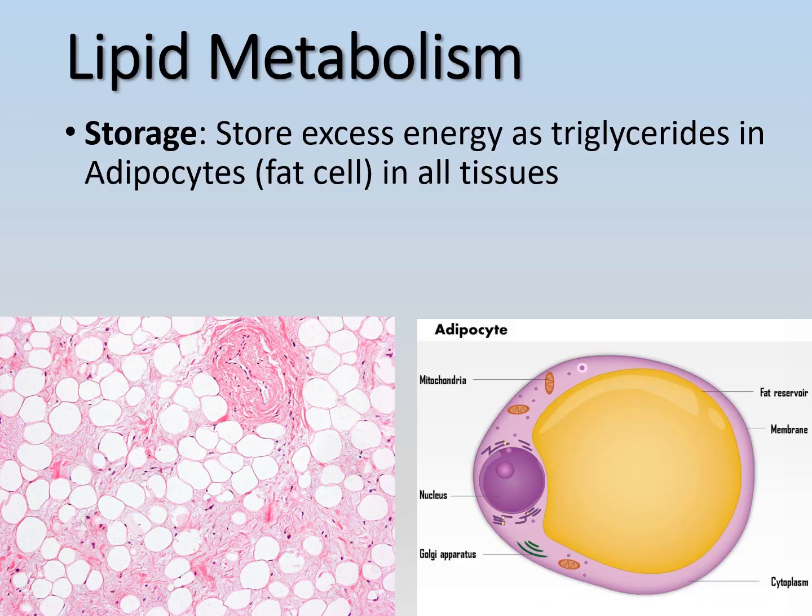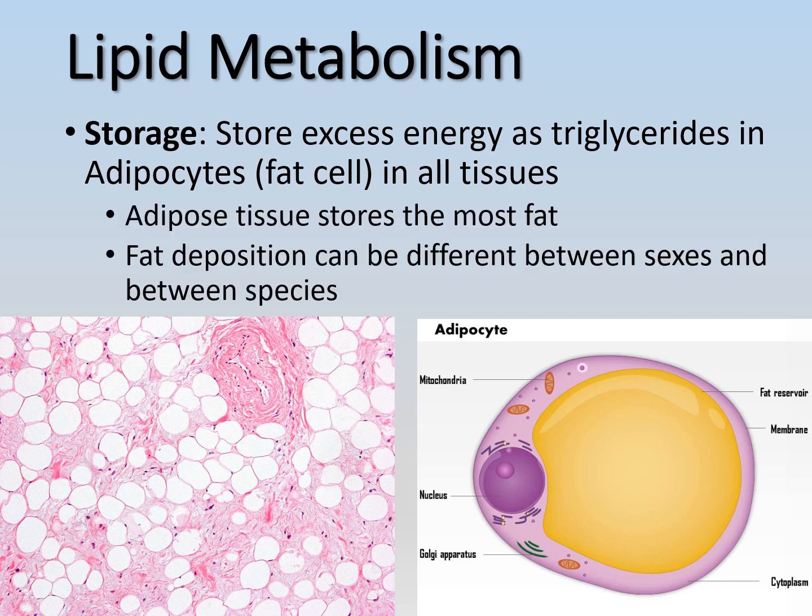So we store our excess energy as fat in the body, right? We store excess energy as triglycerides in these fat cells called adipocytes. And we have these adipocytes in all of our tissues. We have a slide here on the left-hand side to show you what those fat cells look like.